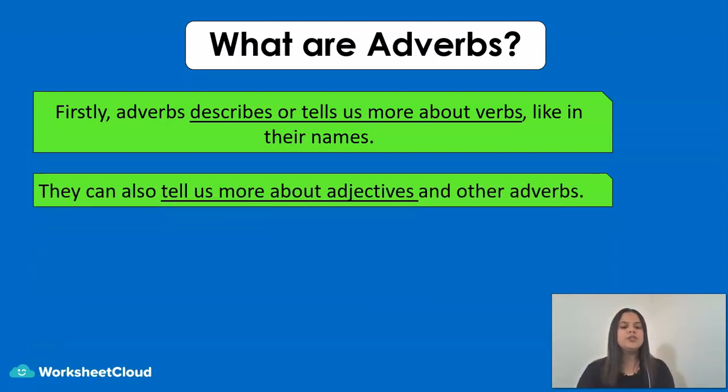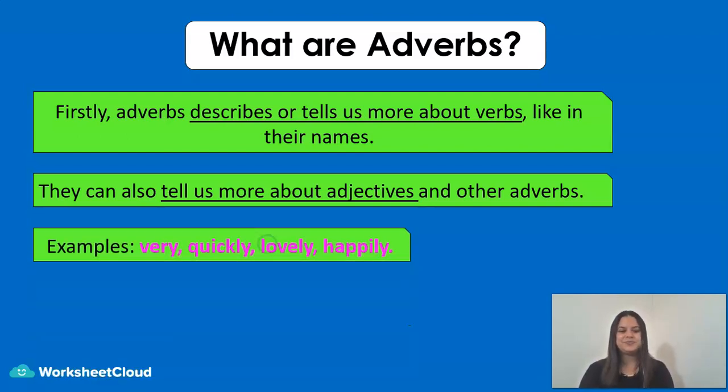However, it can also tell us more about adjectives and other adverbs. The problem with this lesson now and saying that it's going to describe or tell us more about other adverbs is that, well, we first need to find out what adverbs are. So hopefully in this lesson you're going to learn that.